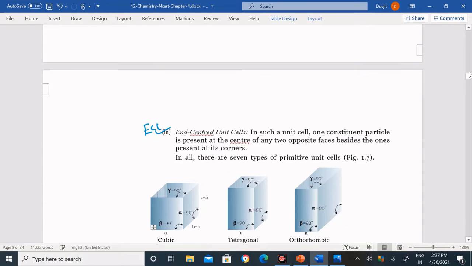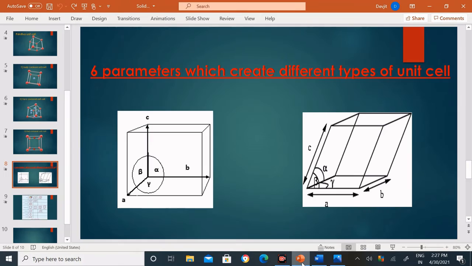Okay, now the unit cell can have 7 different criteria. How? In the last lecture I told you, in a unit cell there are 6 different parameters available. A, B, C. These are the arm lengths of my cube, and then alpha, beta and gamma.